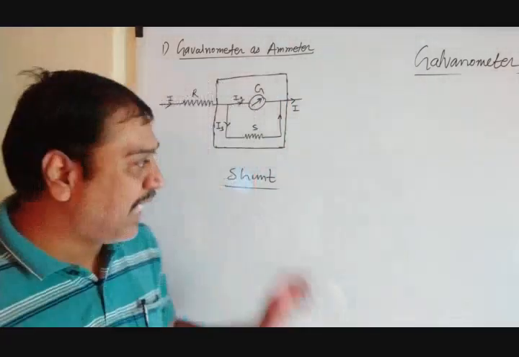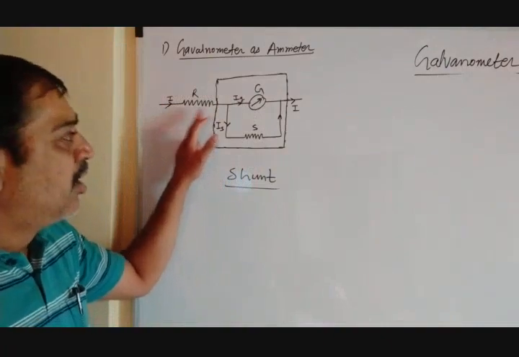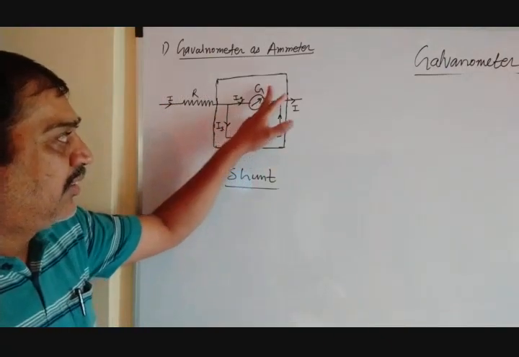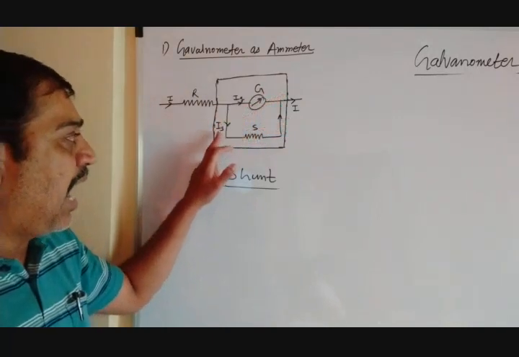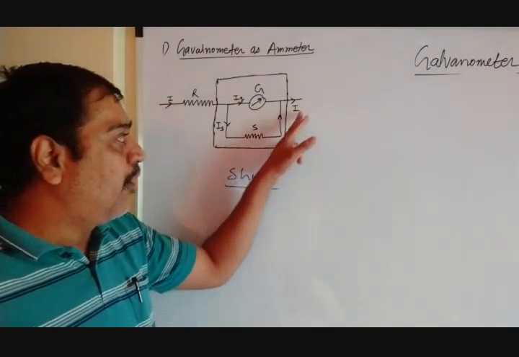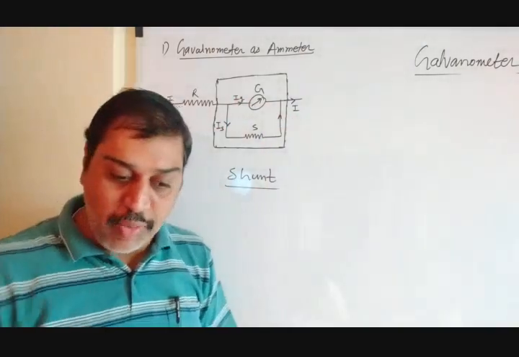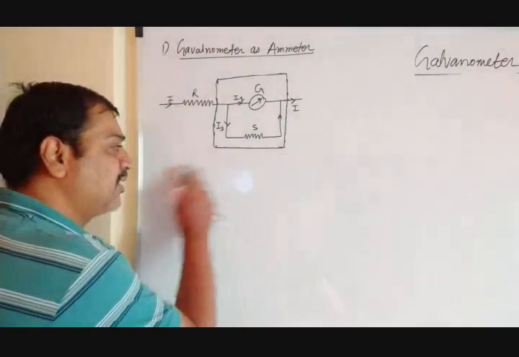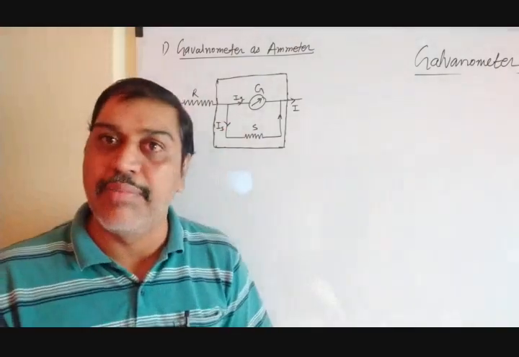Now see, in this diagram I have connected this R as an input resistance, whatever it may be. This G is a galvanometer whose resistance is G. The current passing through the galvanometer is Ig. Then Is is the current passing through the shunt resistance. Again at the output here we get Ig plus Is, that is nothing but I. Now as we know, when two resistors or two devices are connected parallel to each other, the voltage drop across them is the same.